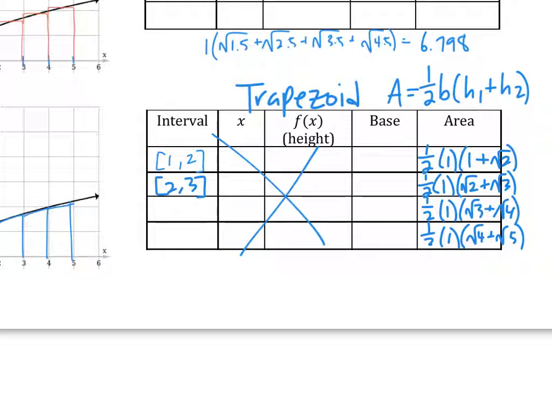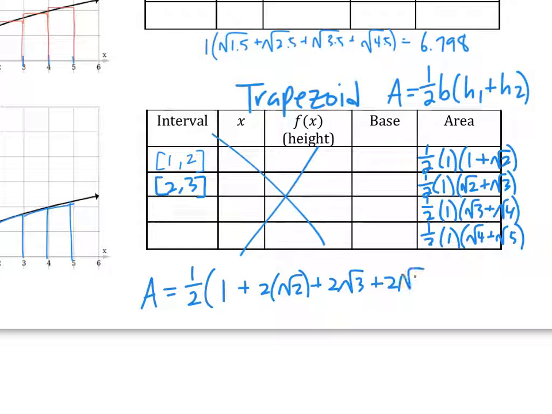Yeah? Okay, so what you can do is the area of the trapezoid, using the trapezoid rule, is 1/2 times the first height, and then after that, everything doubles, and until the last height, you only have one of them.